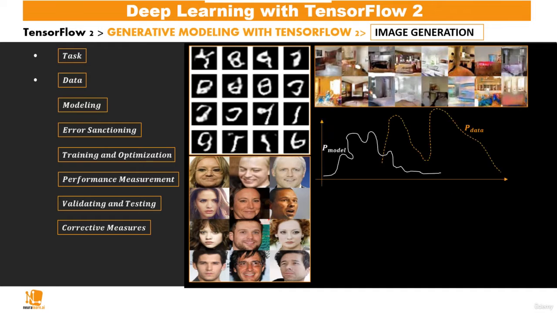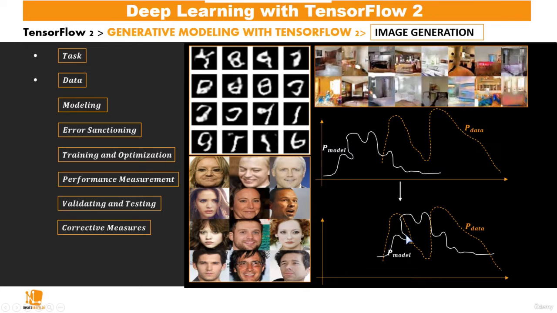Supposing we have these two distributions, where right here we have the model distribution, and here we have the actual data distribution. This in orange is the actual data distribution, and initially we have this model distribution. The aim of generative models is to learn from this distribution such that this P model and this P data start to look alike.